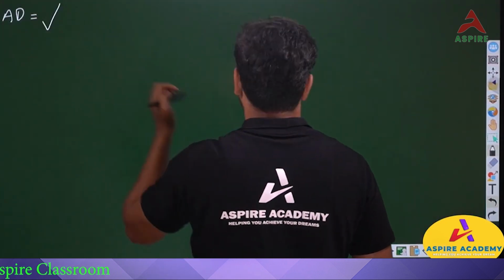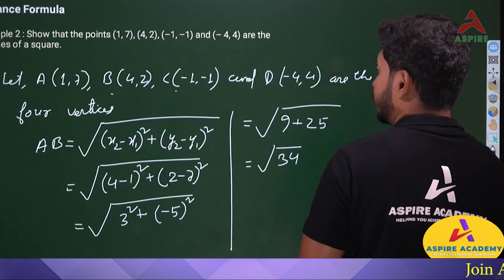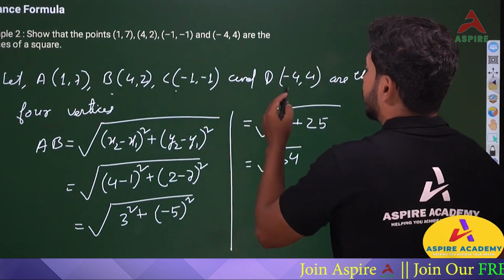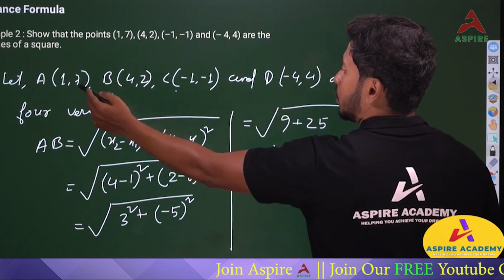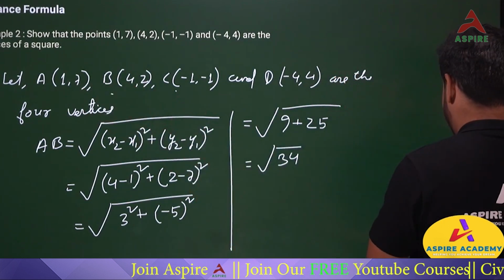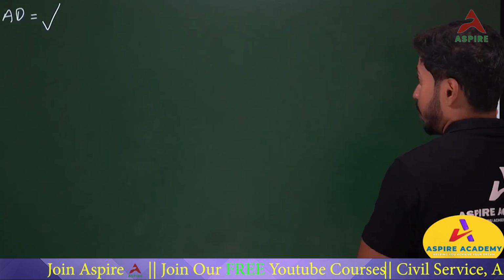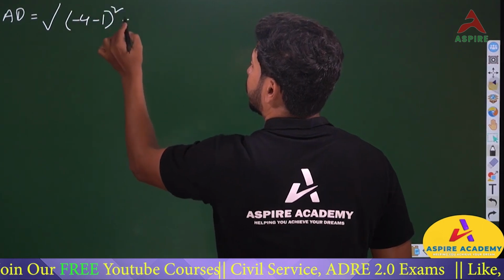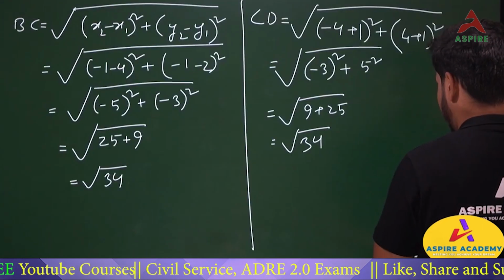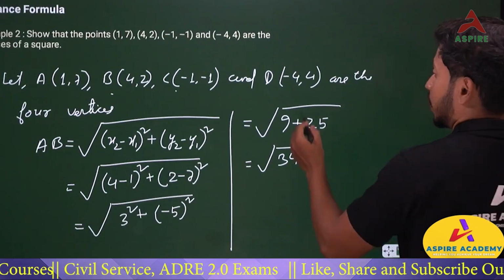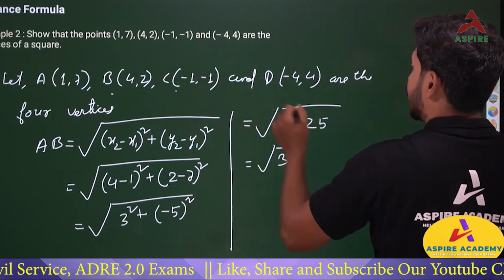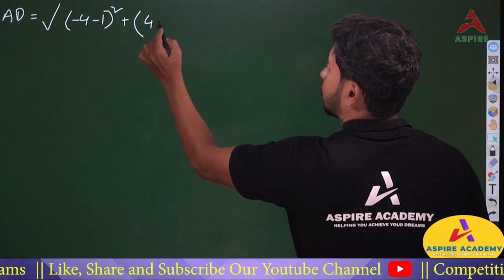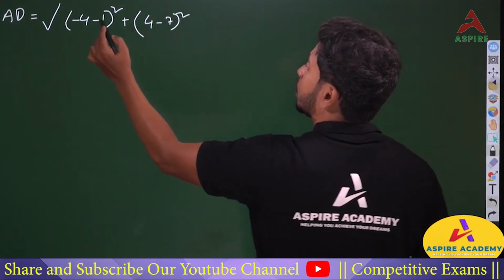AD. So AD is A and D, okay. x2 is minus 4, x1 is 1, so minus 4 minus 1, plus 4 minus 7.